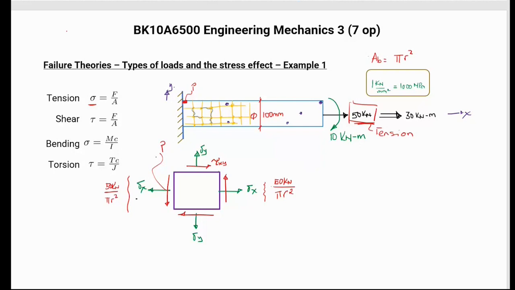Let's look at the torsion maybe. So we know that torsion produces a shear stress.